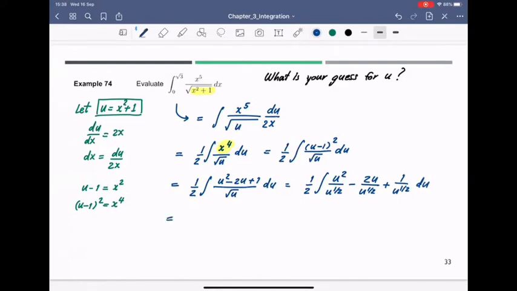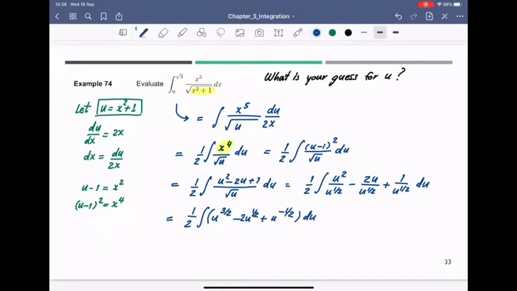It looks so hard, but actually this is now only a polynomial. So you have 1/2, and then integrate u to the 2 minus 1/2, this is 3 over 2. So I simplify first: u to the 3/2, minus 2u to the 1/2, plus u to the negative 1/2, du, right?